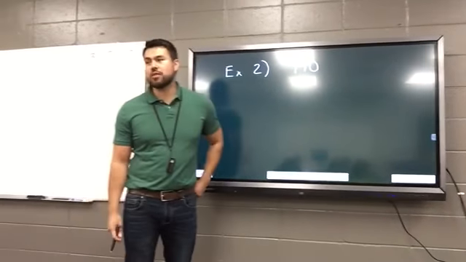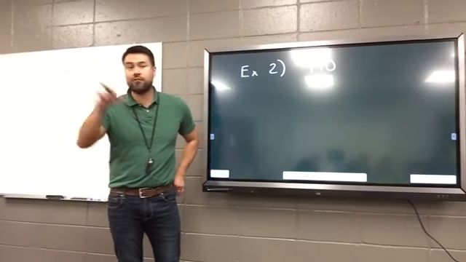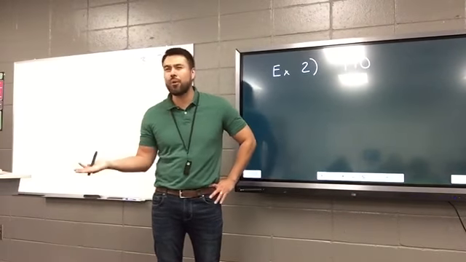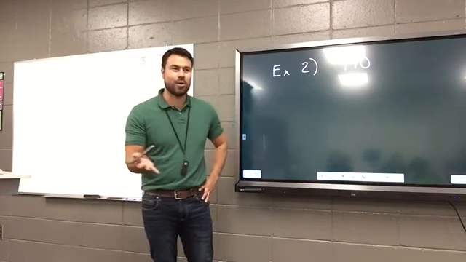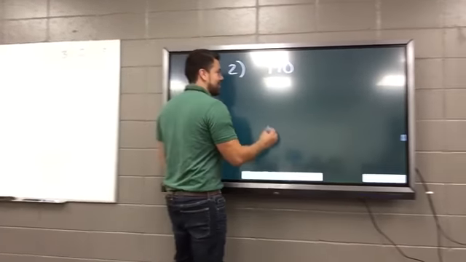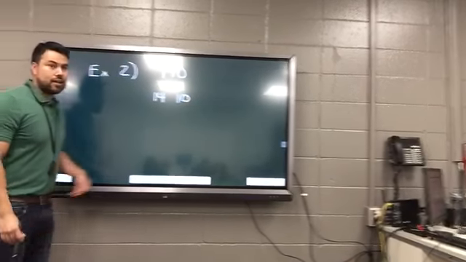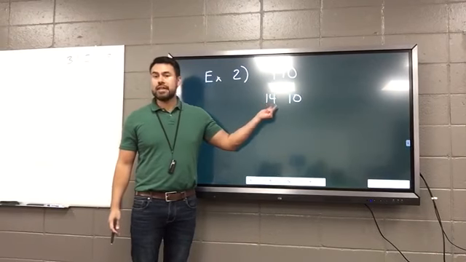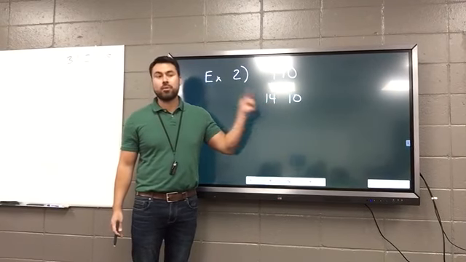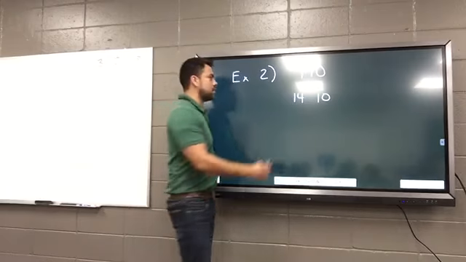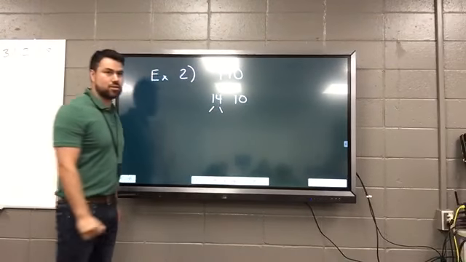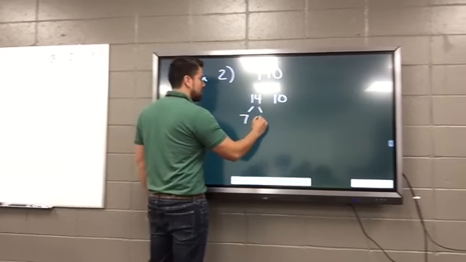What two factors give me 140? Any two factors, it doesn't matter. Just don't pick 1 and 140 because that gets us nowhere. Yes? Good. 14 and 10. I'm going to keep going with 14 because 14 is not a prime number. I stop at prime numbers. So what can 14 be broken into? 7 and 2.